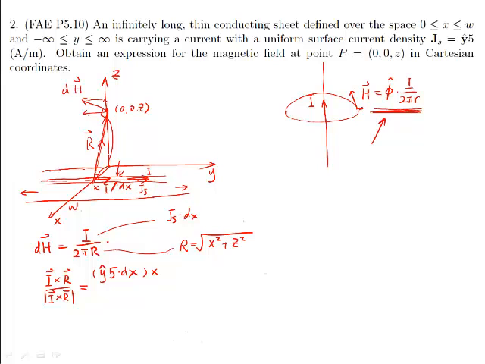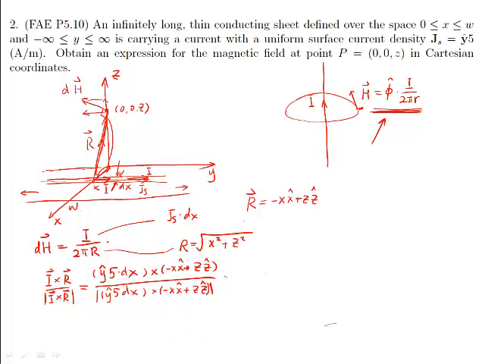Cross r. Now what is this r vector? So this vector, if you project it to the x-axis, you see that it's minus x hat and z hat. So for the r vector, we have minus x hat plus z hat. And then obviously you normalize it by itself.